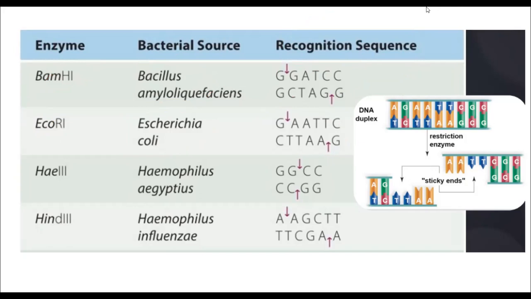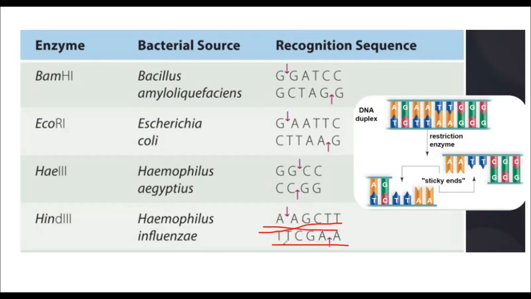Sometimes the sequence will be palindromic in nature. Palindromic means, as you can see over here also, for example, A, A, G, C, T, T, and on the complementary side, it will be exactly opposite of this, so T, T, C, G, A, A. As you see, mirror images of each other.